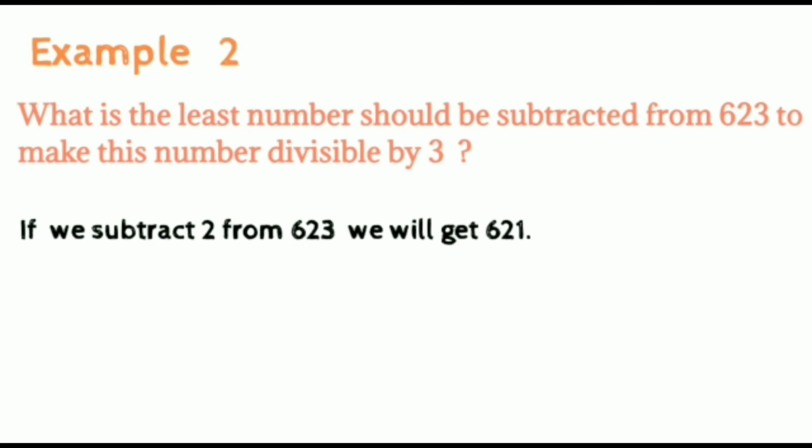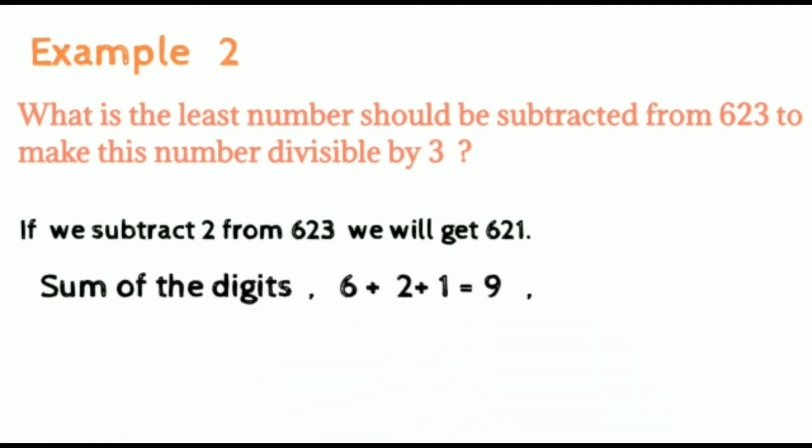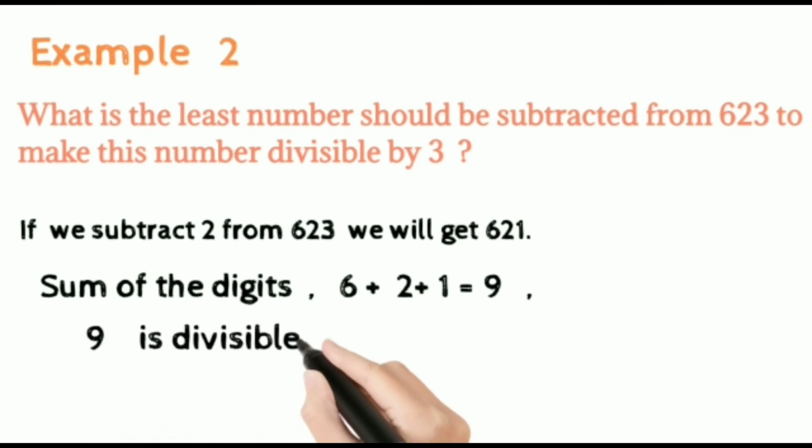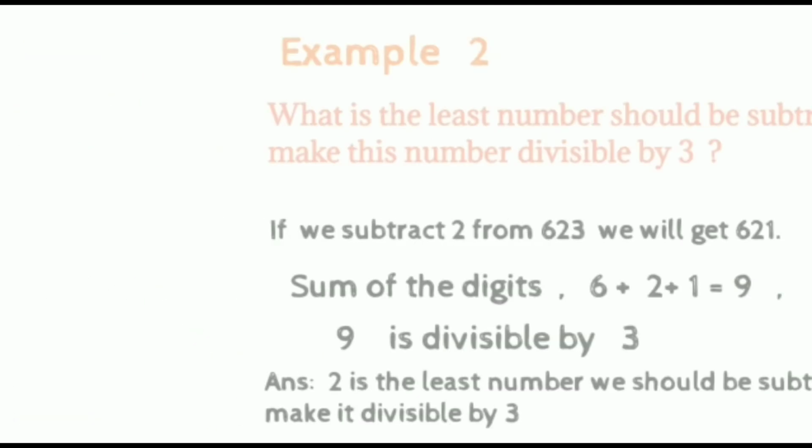If we add the digits, the sum of the digits 6 plus 2 plus 1 is equal to 9. Then it can easily be divided by 3. The answer is 2. The least number we should subtract from 623 to make it divisible by 3 is 2.